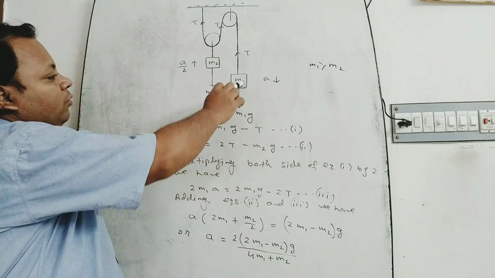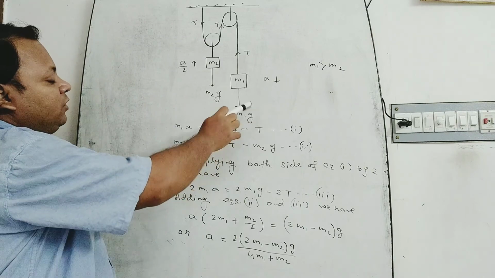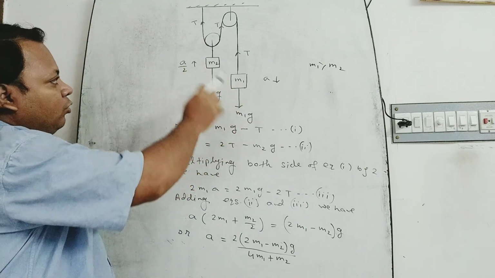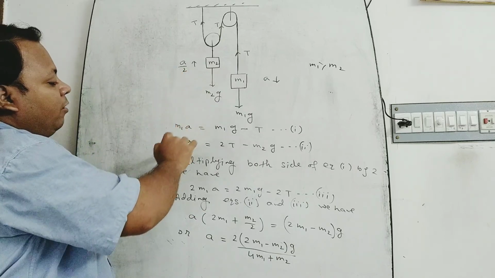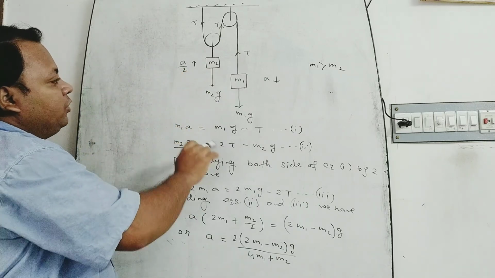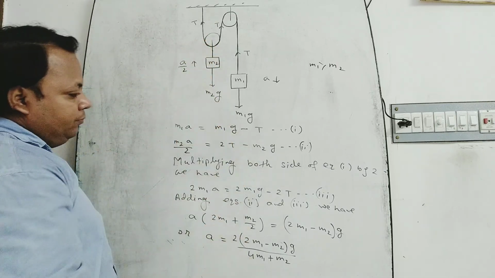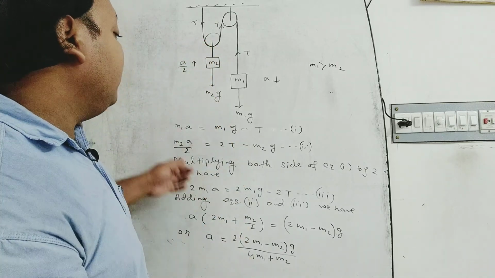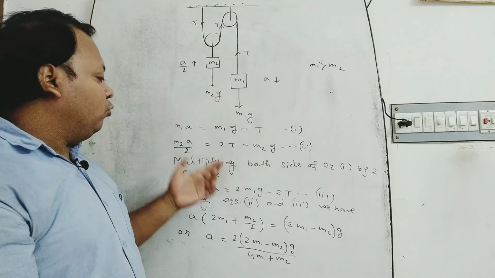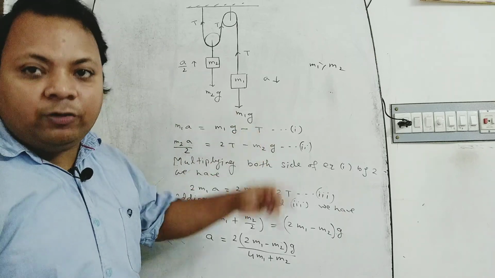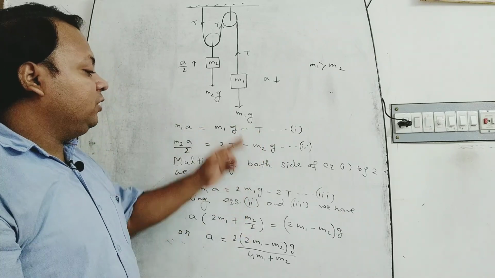Therefore, the equation of motion of the first body is m1a = m1g - T. The equation of motion of the second body is m2(a/2) = 2T - m2g. Now multiplying equation 1 by 2, we have 2m1a = 2m1g - 2T.